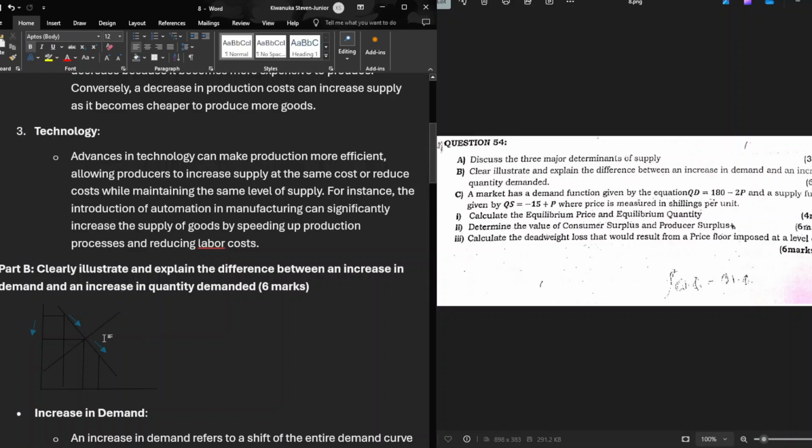Okay, so the consumer surplus, if this is the price, I'll remove this. Let's make this one also more like a triangle.